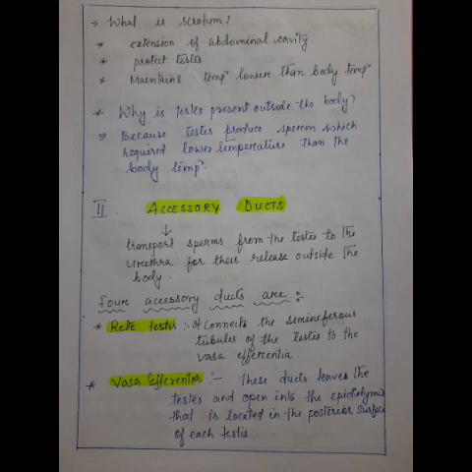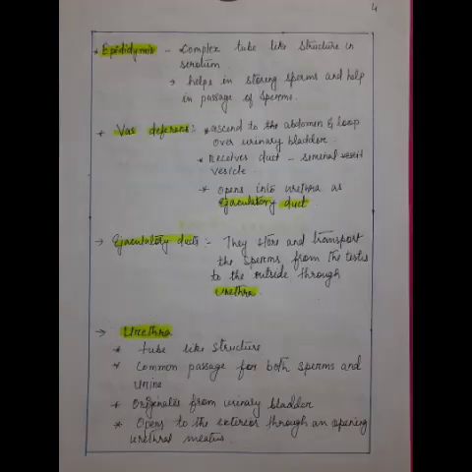These are the ducts that leave the testes and open into the epididymis, which is located on the posterior surface of each testis. So they open where? Into the epididymis. The epididymis is a complex tube-like structure in the scrotum, and it helps in storing sperm and in the passage of sperms.